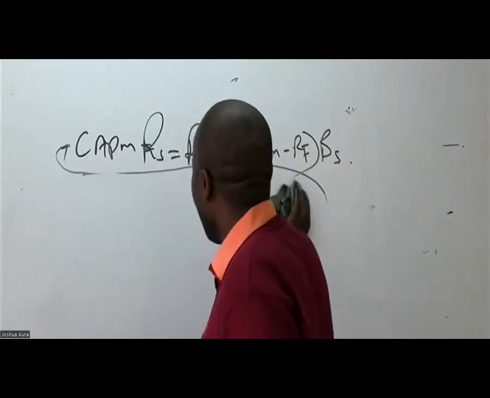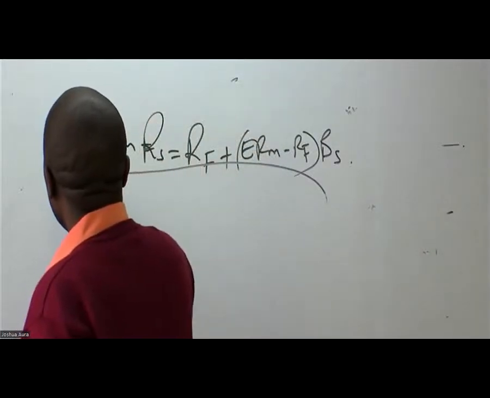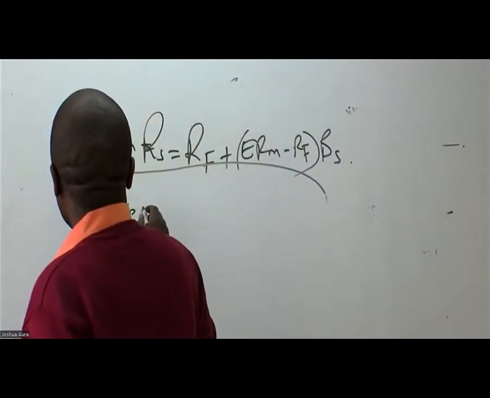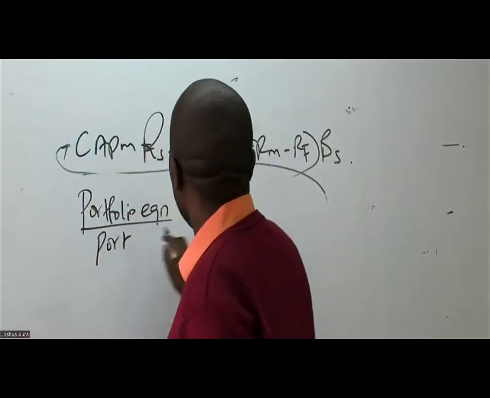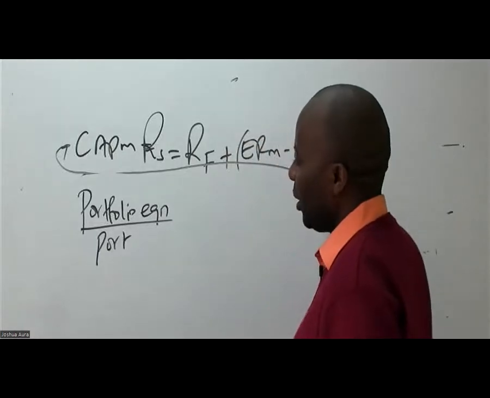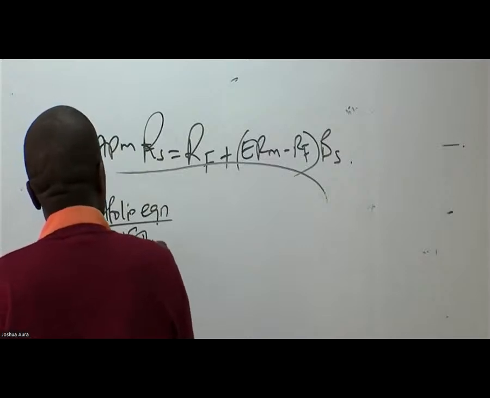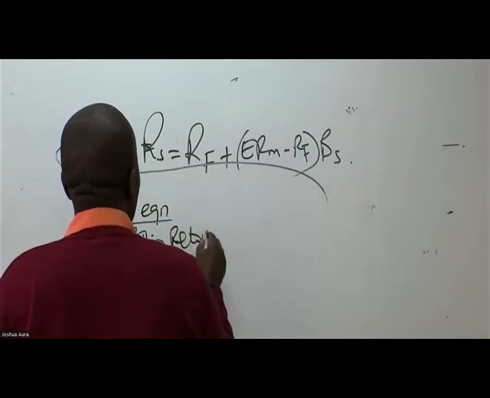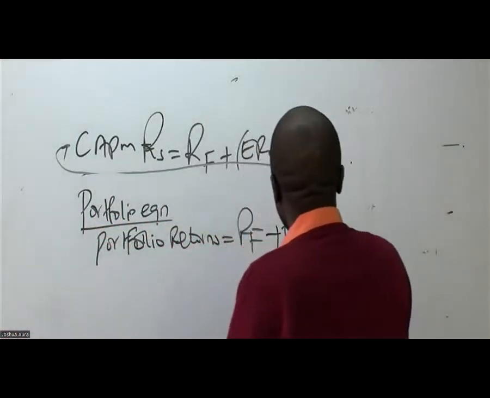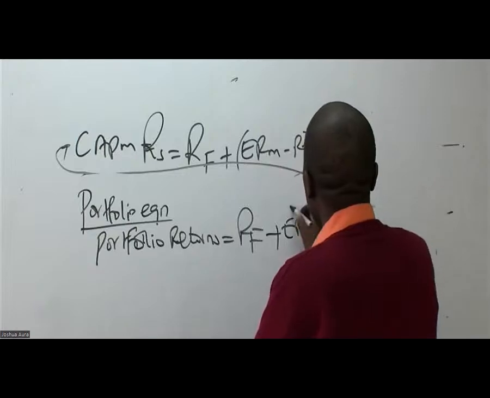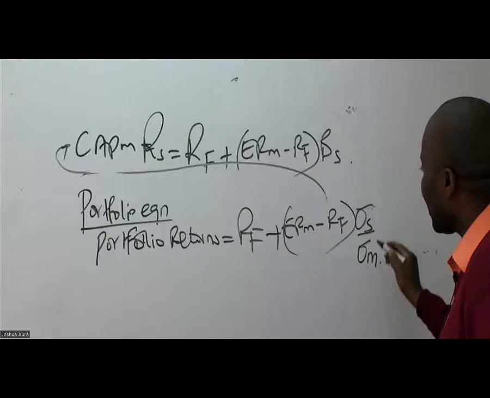What if the examiner wants you to write what we also call the portfolio equation? Remember, under the portfolio equation we normally use standard deviations. So the portfolio returns will always be equal to risk-free plus ERM minus risk-free multiplied by standard deviation of S over standard deviation of the market.